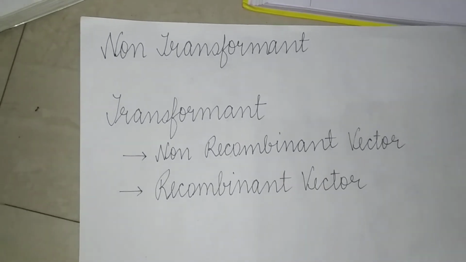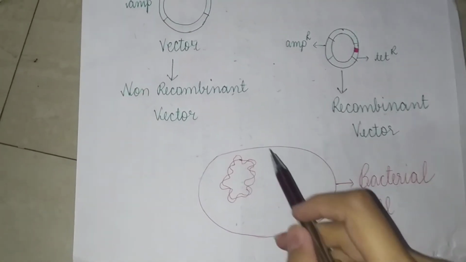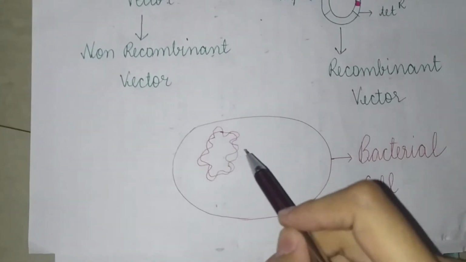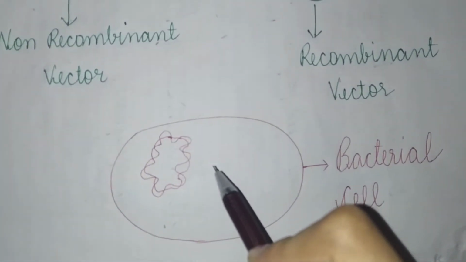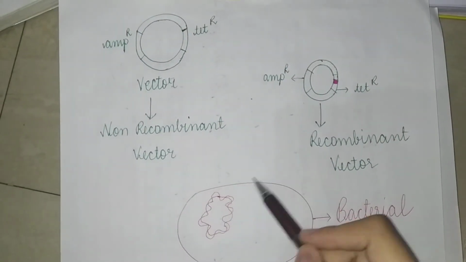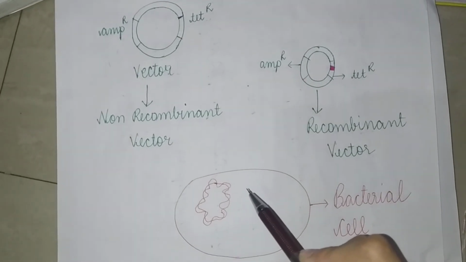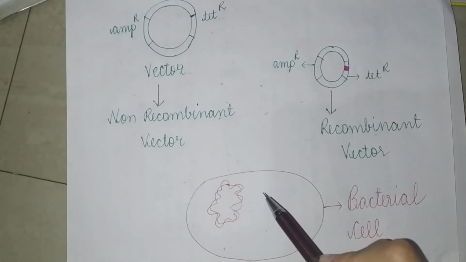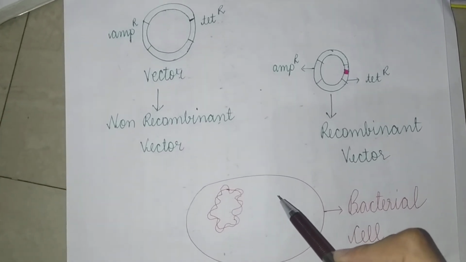So see again, if this bacterial cell has not received any vector, it will be known as a non-transformant. And if it has received either of the two, then it will be known as a transformant. But up till now, it might be clear to you that we need a transformant that has a recombinant vector.